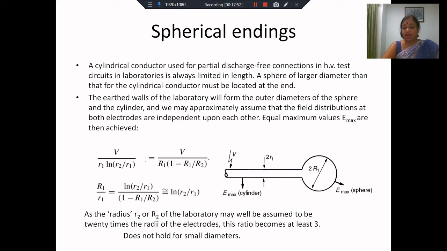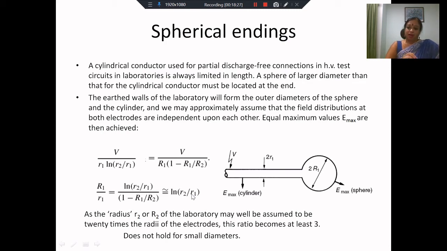They are the walls of the laboratory, so they are the distance from the center of the conductor to the walls of the laboratory. And it is safe to assume that the radius R2 of the laboratory will be about 20 times the radii of the electrodes as a rough estimate. It may be larger, but if you consider that R2 is 20 times small r1, then this ratio ln R2 by r1 should become at least 3.